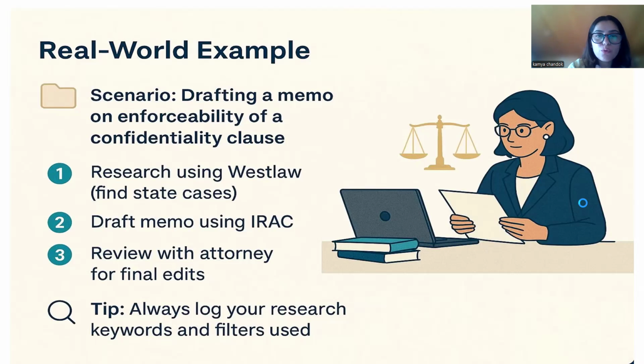You frame the issue, outline the rules, which are your statutes or case law, apply the facts, and conclude with your findings. And lastly, you must review. That is, you go over the memo with your attorney for the final edits. That is how you work when you're given a task as a paralegal.